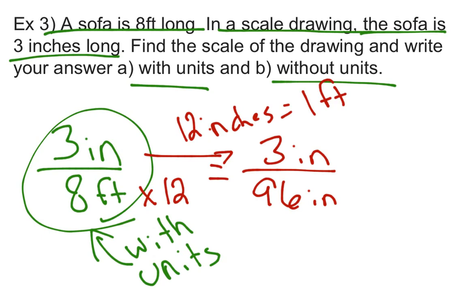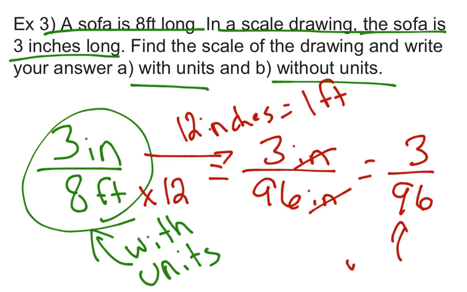Now, to write it without units, since they're the same unit, I can just drop the inches and say 3 to 96. That is without units. But of course, as you're probably thinking, we're not done yet, because this is a ratio, just like any other fraction, and if we can reduce, we want to do that.